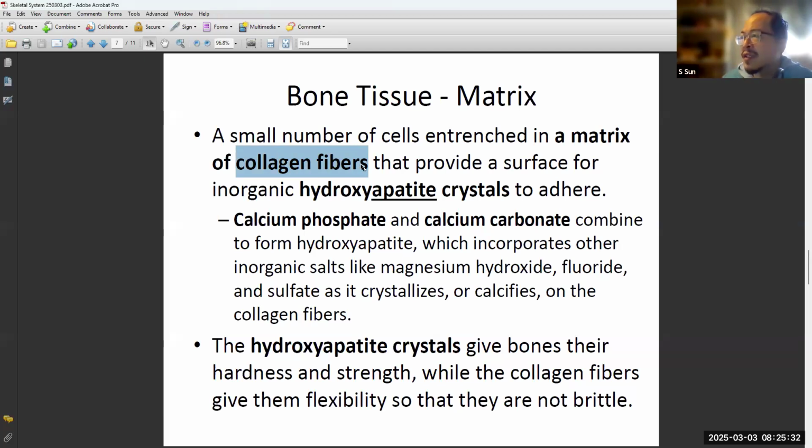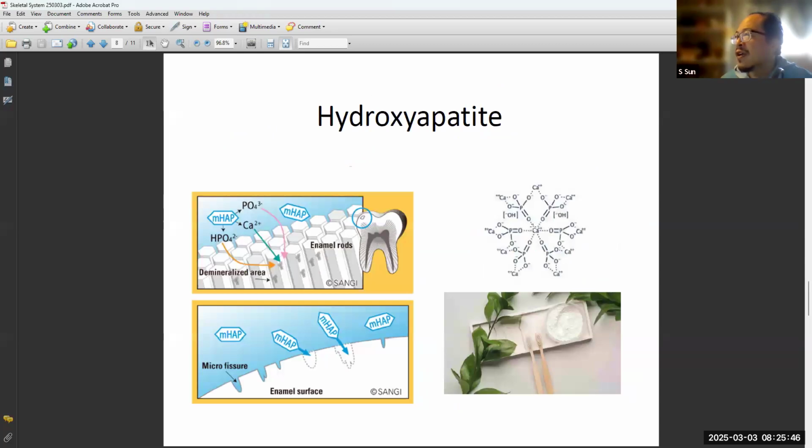One type of mineral is called hydroxyapatite crystal. So we talk about this one here. It's a combination of hydroxy, right here, hydroxyapatite. You can see it contains calcium and phosphate. That's the main thing.